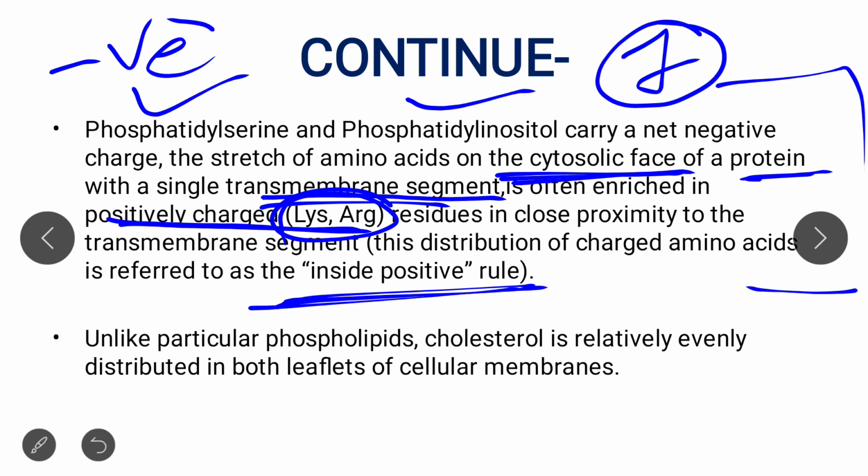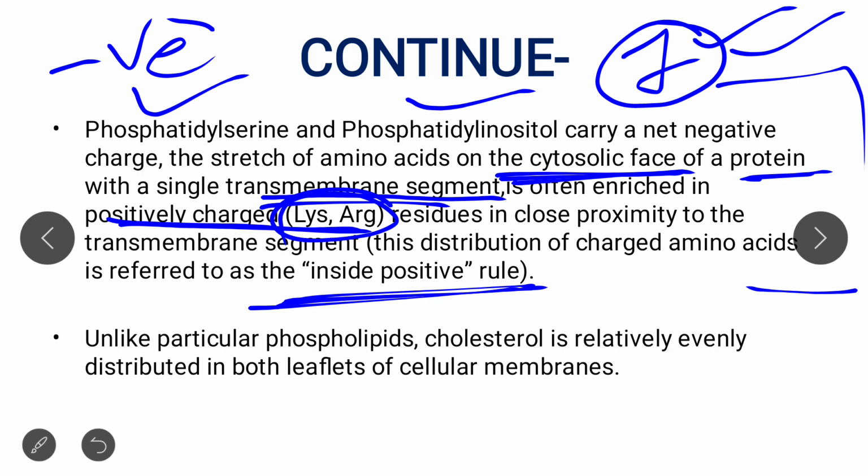Till now we discussed the asymmetry of the lipid bilayer. We studied that the amine-containing phospholipids, phosphatidylethanolamine and phosphatidylserine, are present on the cytoplasmic leaflet because they have negative charge at pH 7.